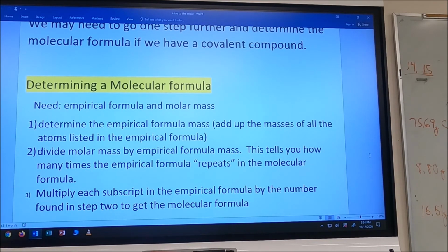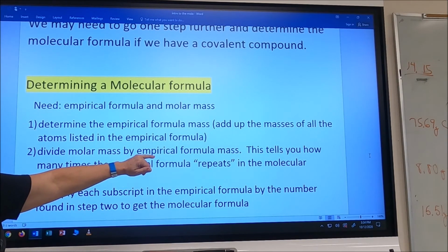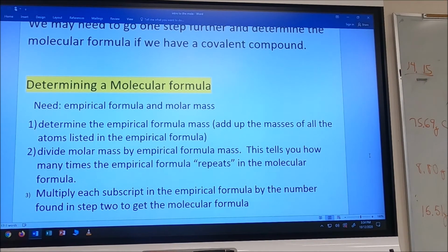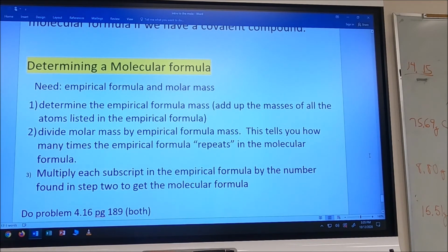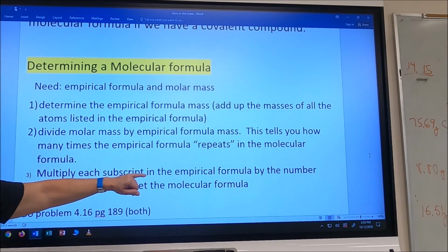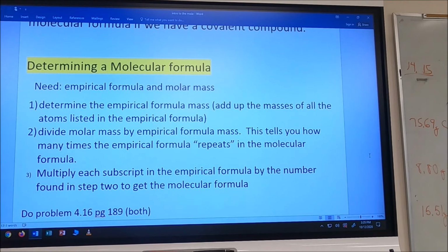Okay? What this number does is it tells us the number of times the empirical formula repeats in the molecular formula. It tells us what we're going to have to multiply all the subscripts in the empirical formula by to get the molecular formula. So we're going to multiply each subscript in the empirical formula by the number that we got in step 2, and we're going to have the molecular formula.